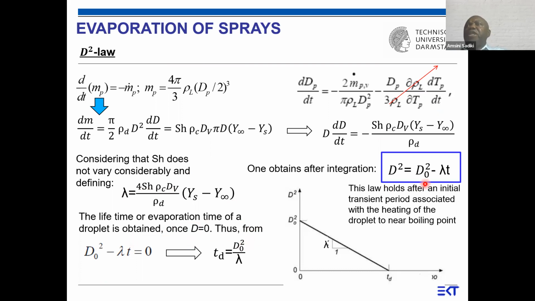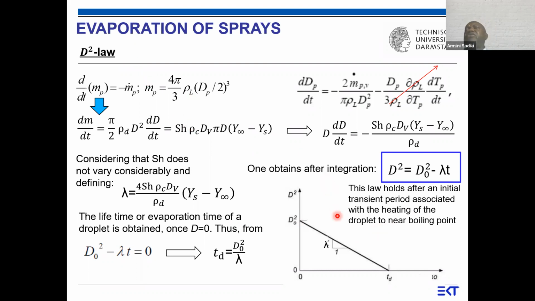It is the time we need for the diameter of the droplet to vanish. This means that d is equal to 0 in this expression here. If we get it, then we can derive the lifetime of our droplets. And this is exactly the d square law.